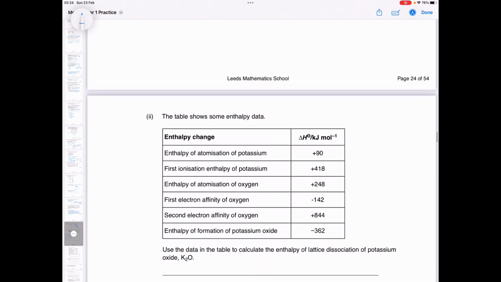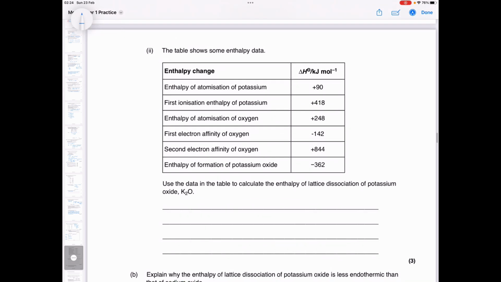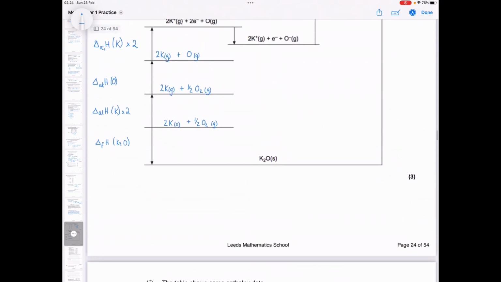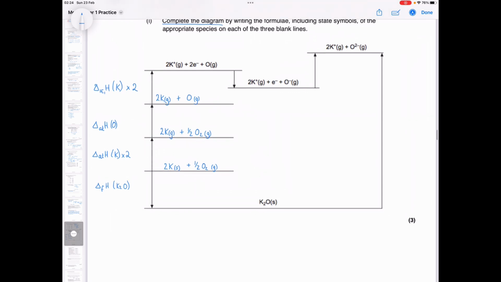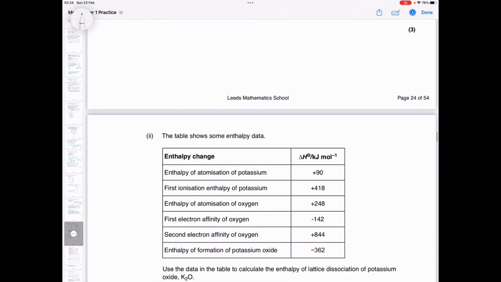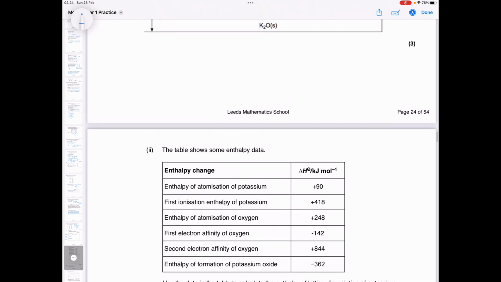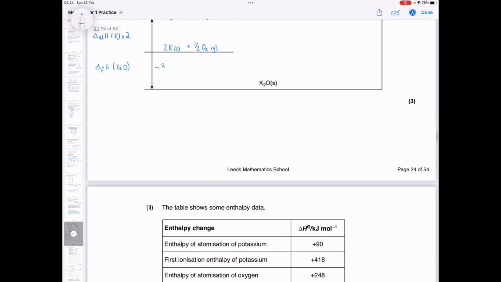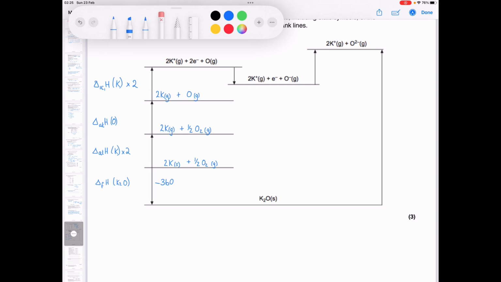And then we've got some enthalpy change data. Use the data in the table to calculate the enthalpy of lattice dissociation of potassium oxide K2O. So I need to fill in some values here, so I'm going to go backwards and forwards a little bit. The enthalpy of formation of potassium oxide is minus 362. In fact, I might just pick a different colour so it stands out.